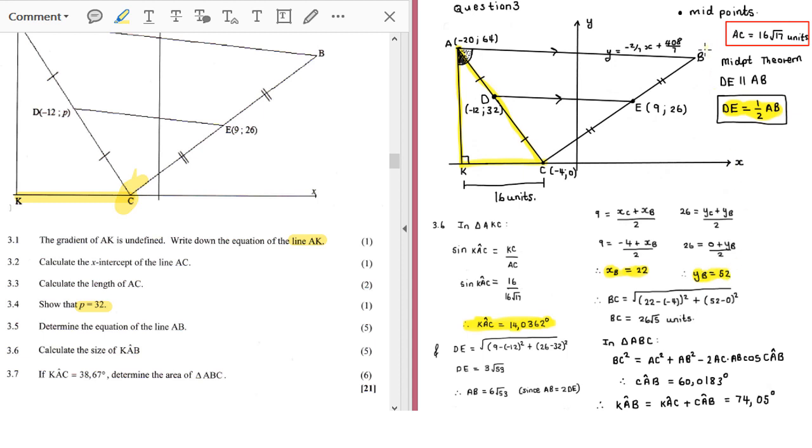Okay, from there you can then calculate that the length BC is equal to 26 root 5 units.